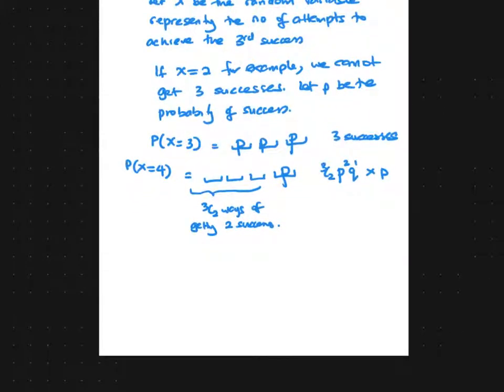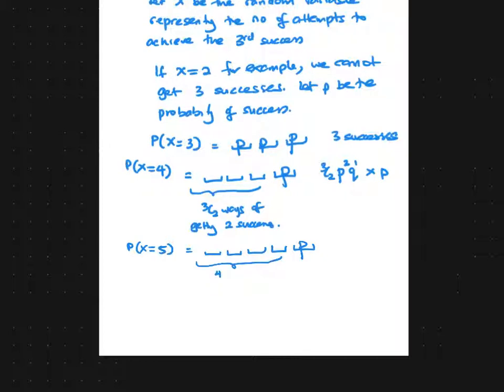To find the probability that x equals 5, we have attempts 1, 2, 3, 4, and we need a success on the 5th, and we need 2 successes in the first 4.